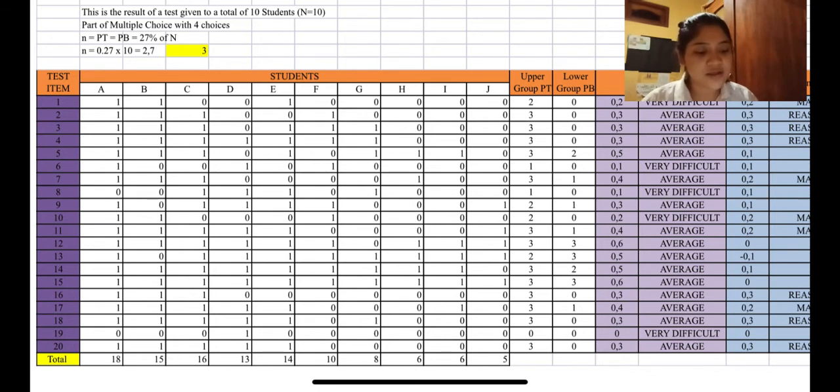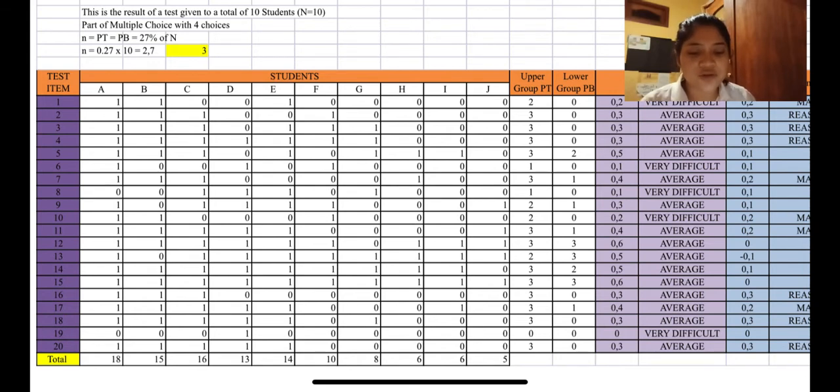Here the number of questions that I use in our item analysis is 20, and the number of students is 10. The point we have to remember in our table of item analysis is to enter the names of the students, in this case 10 students, and the number of question items.